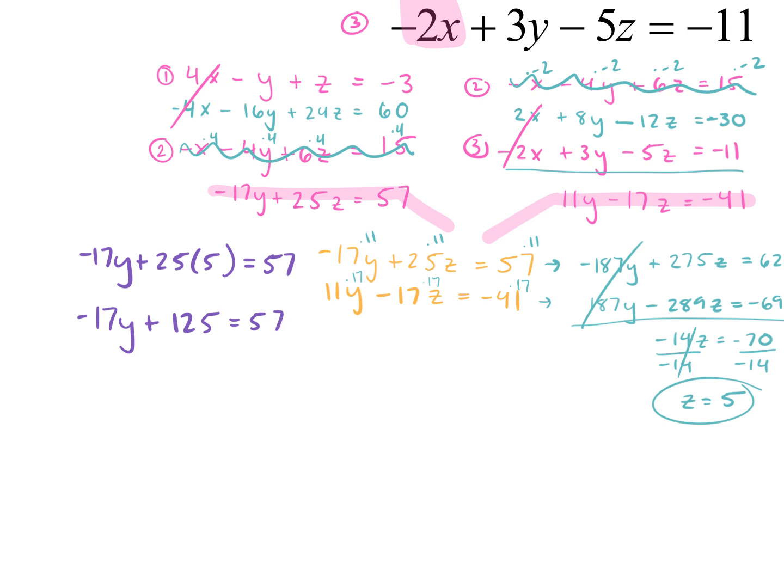Equals 57. Subtract 125. Negative 17y is equal to 57 minus 125. 68. Then divide both sides by negative 17. Awesome. So y equals 4.